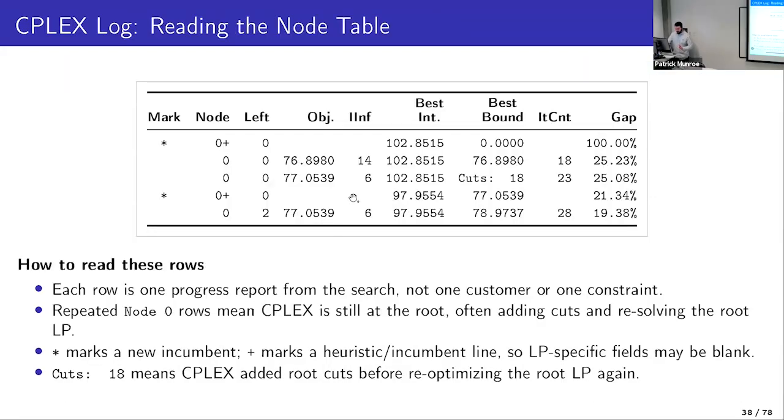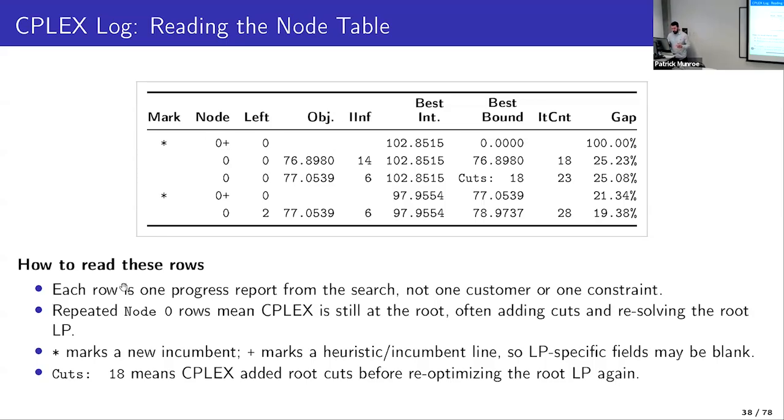When we look at the log, we usually have one row each time there's some progress made by CPLEX. The number of rows does not really depend on some time interval. It's more that if something important happened, then a new row shows up in the log.